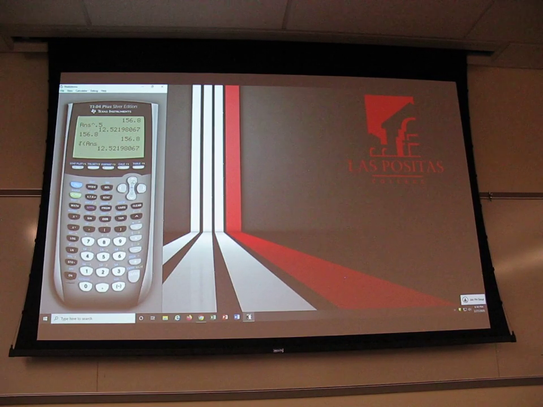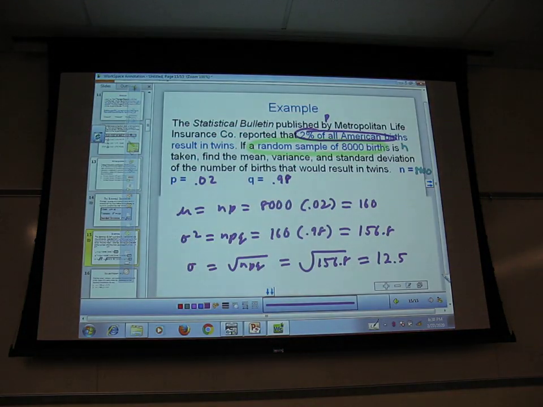Yeah, if you have a fancy calculator, the later model 84s and the color 84s, you can arrow up and select it. Mine won't let me do that. That's a good point.